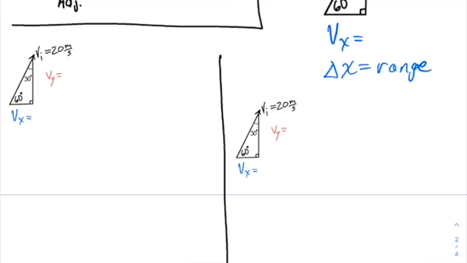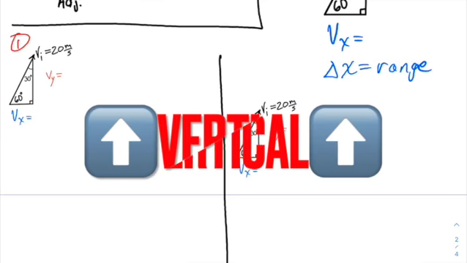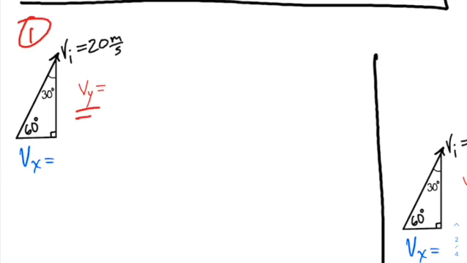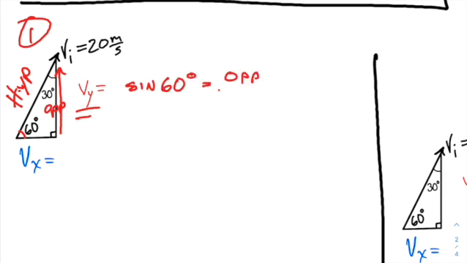All right, step 1, we're going to find the vertical velocity. So let's zoom in on that. The vertical velocity is going to be this part here, and in this case we're going off the 60-degree angle, so it's going to be the opposite side, and this is still going to be the hypotenuse over here. So the sine of 60 degrees is going to equal the opposite over the hypotenuse.